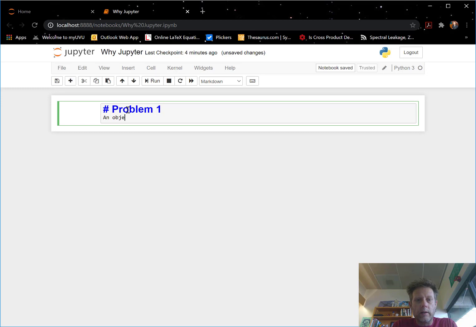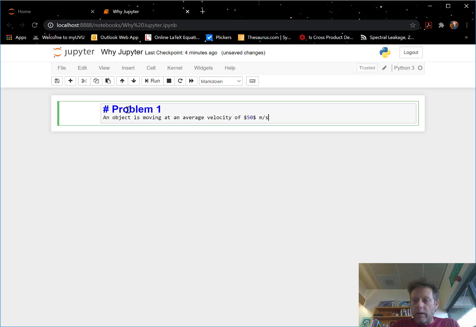An object is moving at an average velocity of, I'm going to have a number, I'm going to put that as a mathematical expression, 50 meters per second.